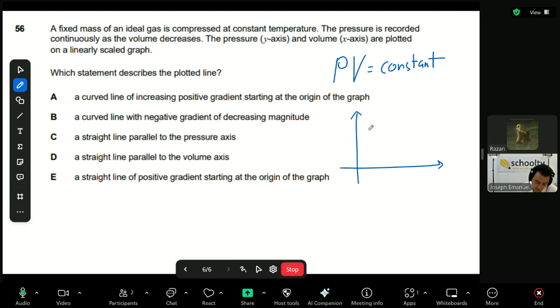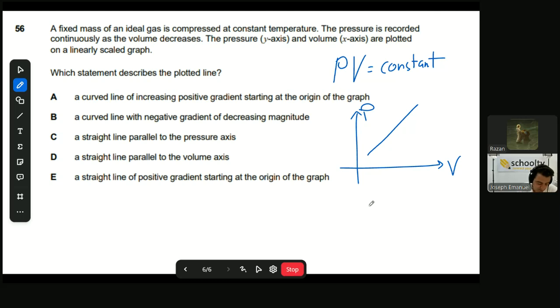So, the y-axis is P, and the x-axis is volume. Linear scaled graph, like something like this. But 1 second, please, because I'm not sure about the slope.